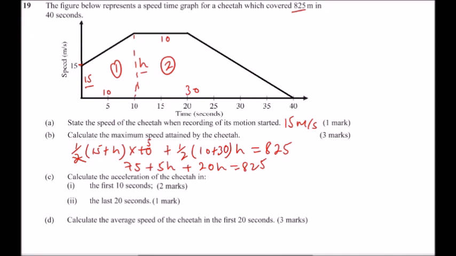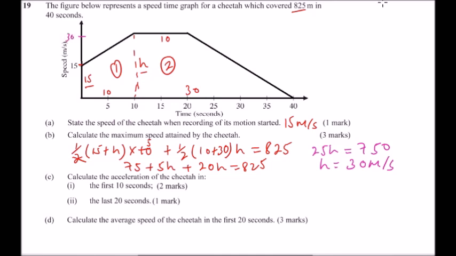So you add 25h, you subtract 75 from 825, you'll be able to get 750. So h, you divide by 15 both sides, you get h is 30 meters per second. So it means the maximum height reached here is 30 meters per second, which we can write here. So that is how we work part B.